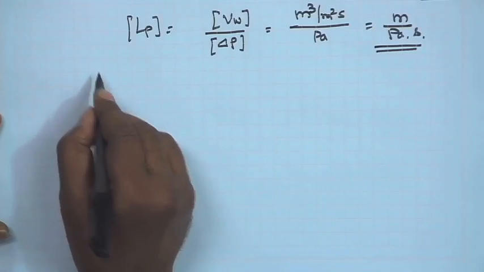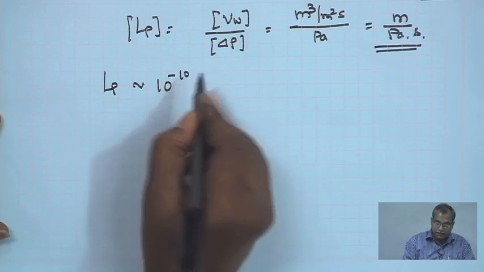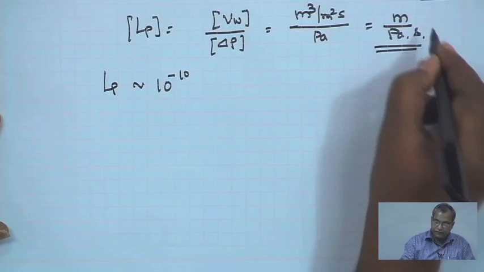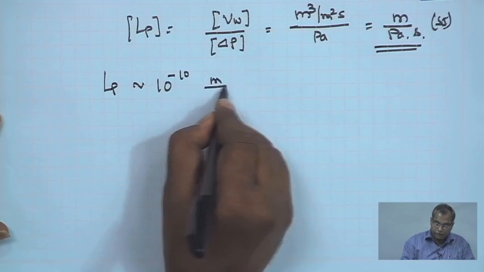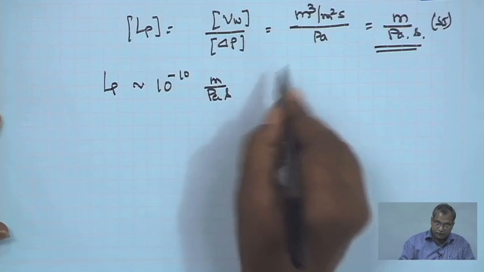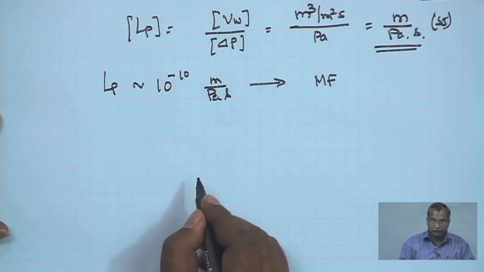For example, if the permeability is in the order of 10 to the power minus 10 meter per Pascal second, then you have landed into a microfiltration membrane. That is a general conclusion.